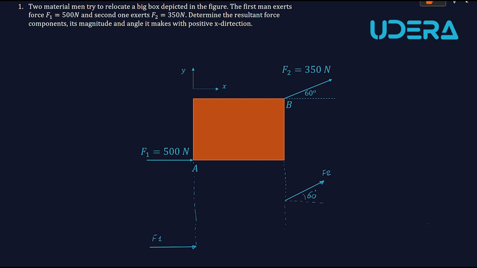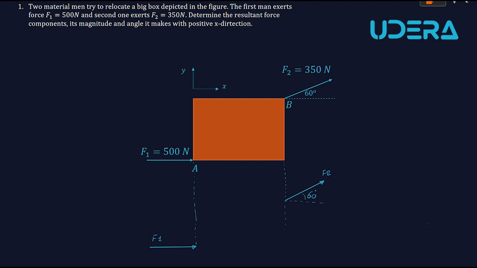As you see here, these two forces are not concurrent. But we assume that this heavy box is a rigid body. And since it's a rigid body, we can apply the principle of transmissibility to find the resultant vector of these two force vectors F1 and F2.